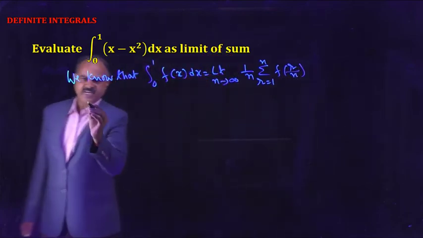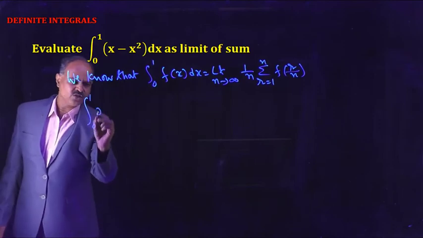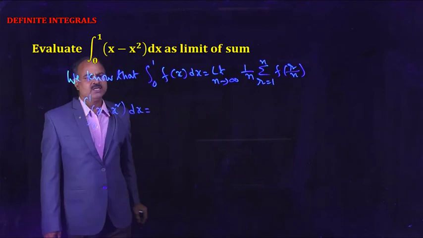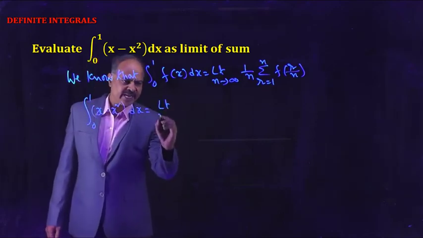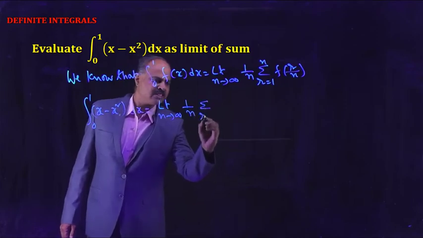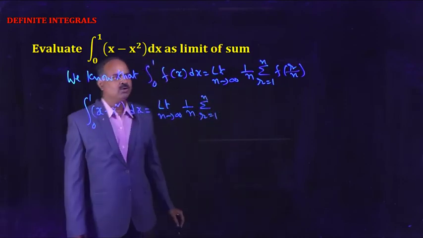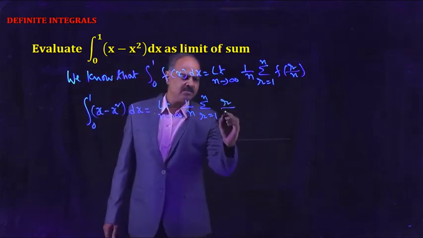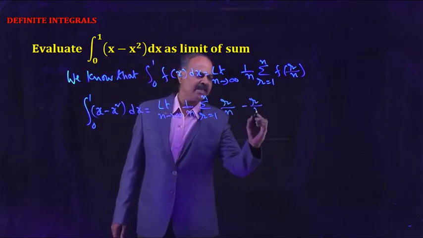Here, given integral 0 to 1 x minus x squared dx, this is equal to limit n tends to infinity 1 by n into sigma r equal to 1 to n f of r by n, meaning here r by n minus r by n whole square.